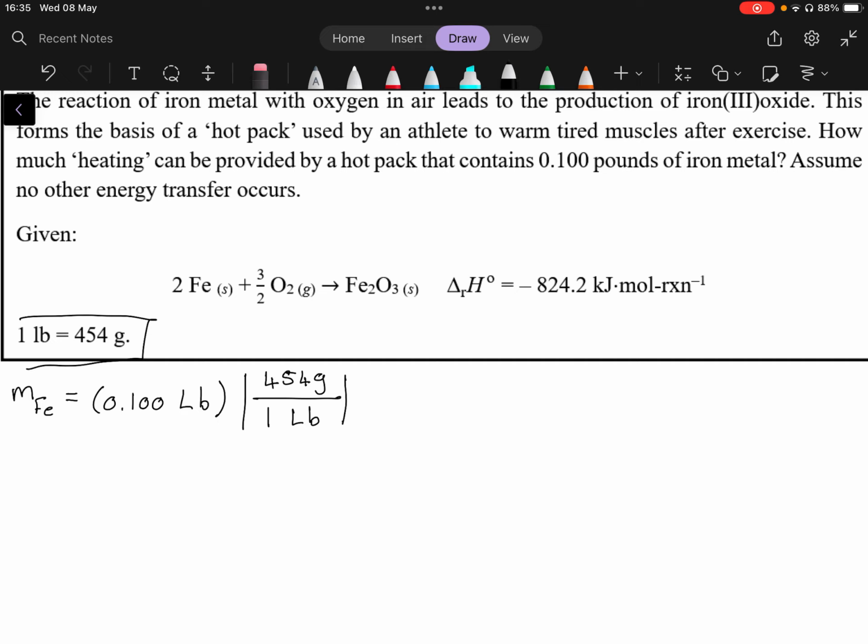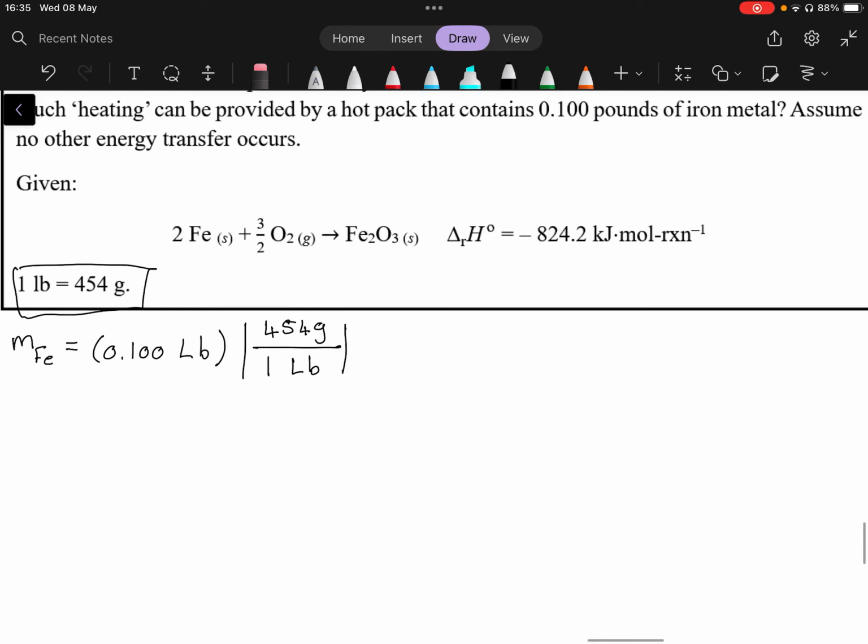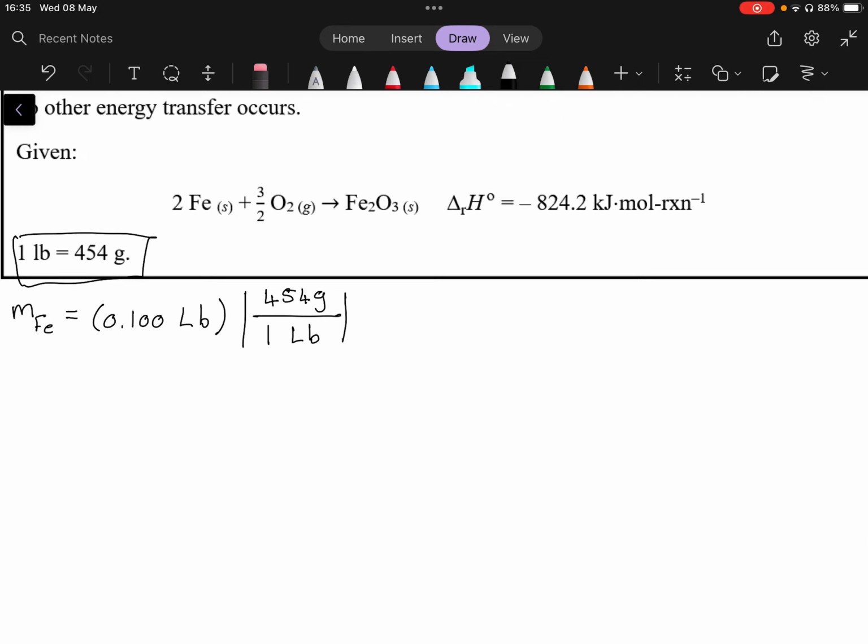You know how when you're given an equation like that, the thing on the right can be divided by the left, that gives you its ratio. So that's how much we have. That's about 45.4 gram. So you can calculate that.